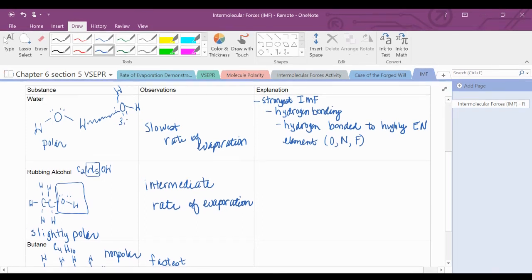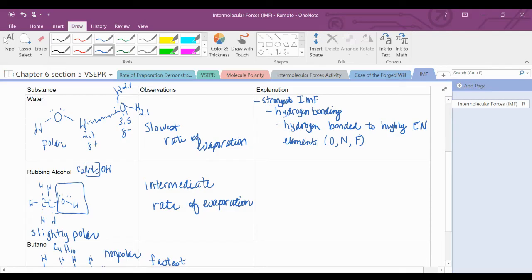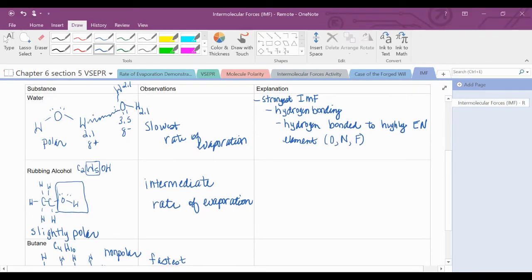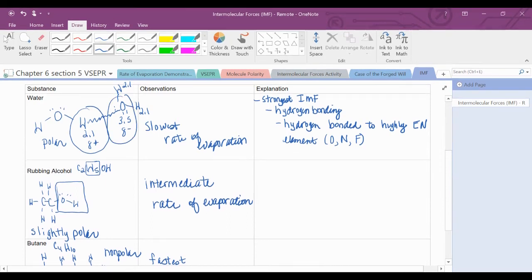It has an electronegativity of 3.5, where hydrogen is only 2.1. And remember, this creates dipoles. And the way we label dipoles is that the element that is more electronegative would have a partial negative charge, and the element that has the lower electronegativity would be partial positive. So we get charged regions in this molecule. So this hydrogen that's partial positive and this oxygen that's partial negative are attracted to each other.